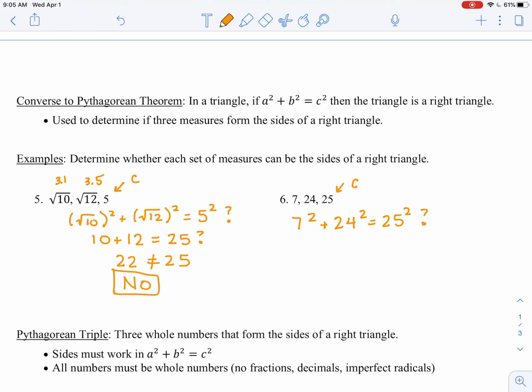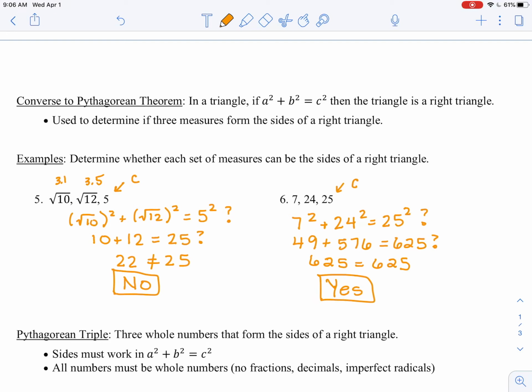And we want to know, does that equal 25 squared? 7 squared is 49. 24 squared is 576. 25 squared is 625. And when we combine like terms on the left, we end up with 625 equals 625. So this makes a true statement. That means that yes, these 3 lengths can be the sides of a right triangle.